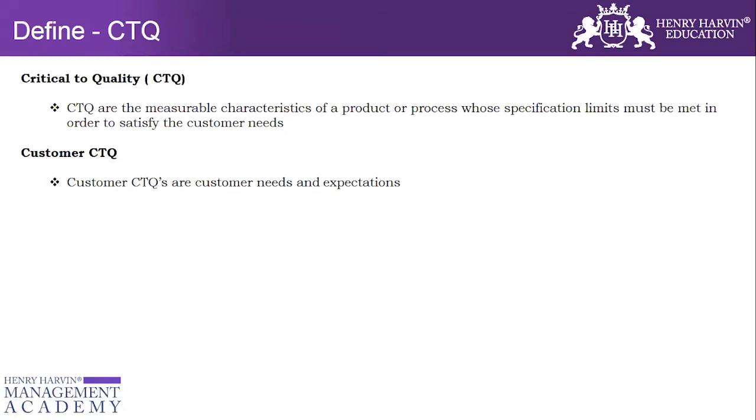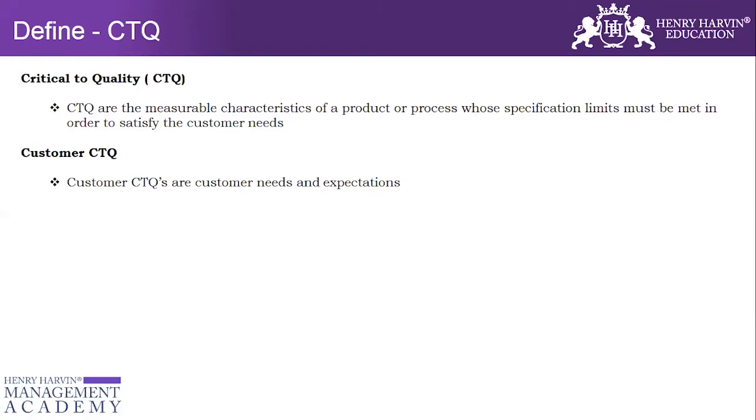Okay, so let's take an example. If my customer says that I want the XYZ service to be delivered within 3 days, so 3 days is the specification limit. Okay, if any customer says, for example, if you walk into a restaurant, the tea which is going to be served to me should be boiled at 80 degrees.